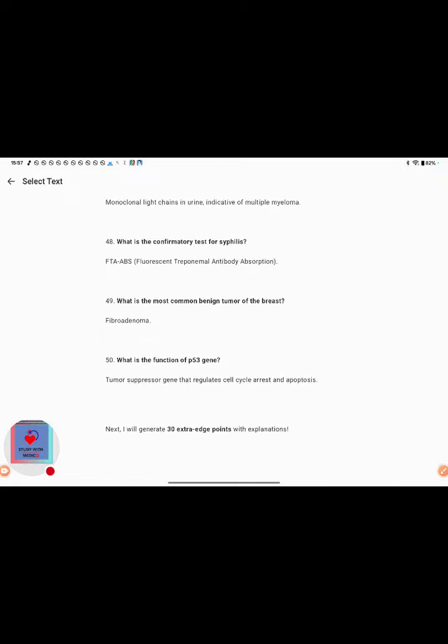What is the confirmatory test for syphilis? For confirmatory test for syphilis, you do fluorescent treponemal antibody absorption.